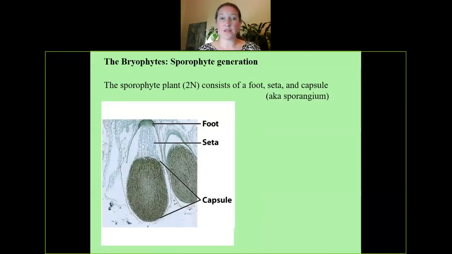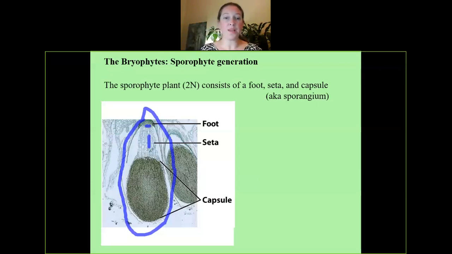Eventually, for the non-vascular plants, most of them have these parts. So the sporophyte plant, here it is again, growing out of the archegonium. And most of the non-vascular plants have a foot, which connects it to the gametophyte plant, a seta, which is just a stalk, and a capsule, which has the contents.